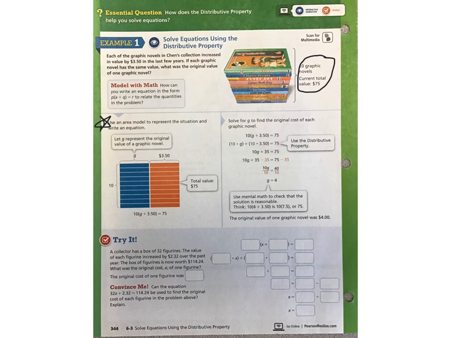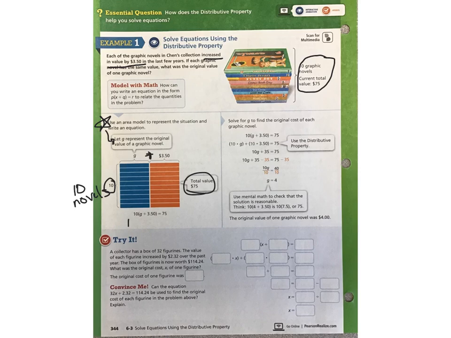So in this problem, g is going to represent the original value of that graphic novel. It tells us in the problem that each of them increased in value by $3.50 in the last few years. We know that we have 10 novels altogether, and we know that their total value is $75.